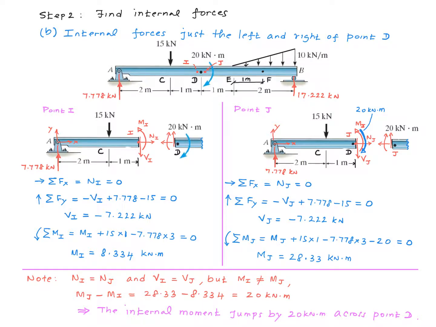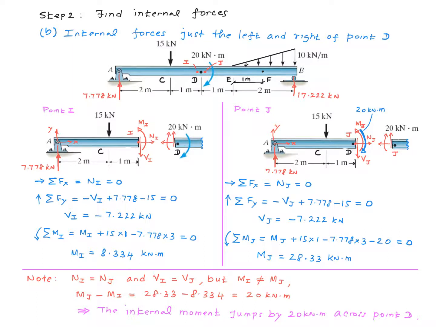An important point to note here is that when we section the beam at point I, the externally applied moment at point D, 20 kilonewton meter, ends up on the right side. Whereas when we section the beam at point J, that external moment ends up on the left side. So that's the difference between the two free body diagrams. Once again, I'll let you follow these analyses.